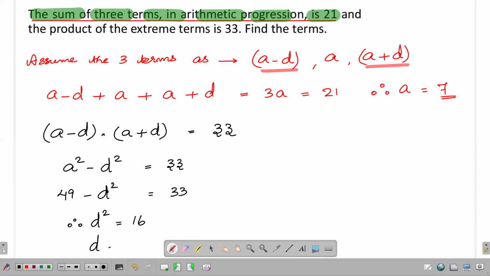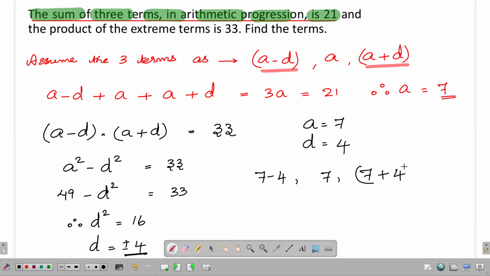So D will be plus or minus 4. It actually doesn't matter if it is plus 4 or minus 4; still, you will be able to get the 3 terms. Let me take the positive value here. Let me say that A is equal to 7 and D is equal to 4. I can consider the first term as A minus D, that is 7 minus 4, then 7, then 7 plus 4.